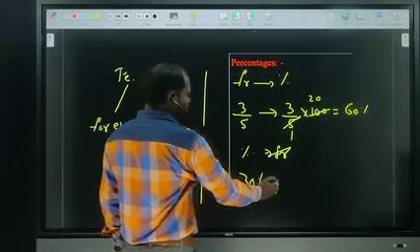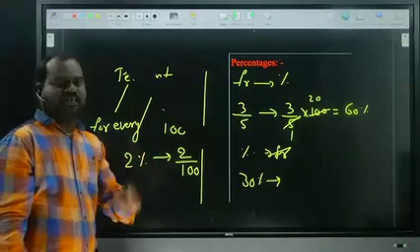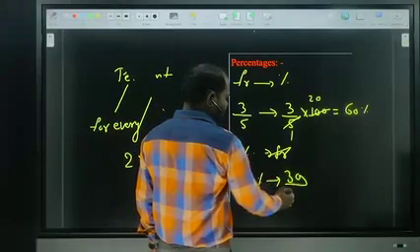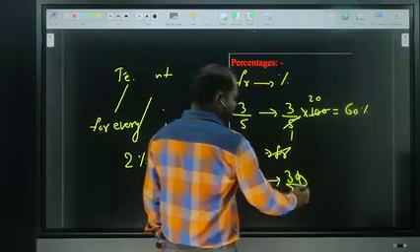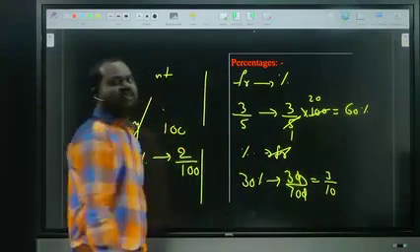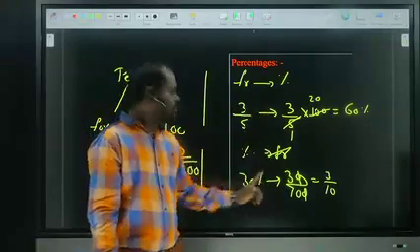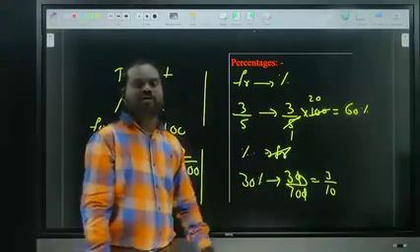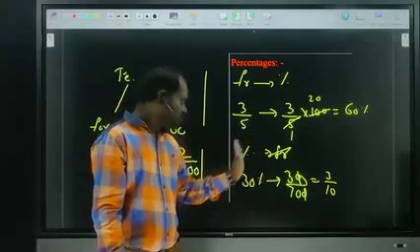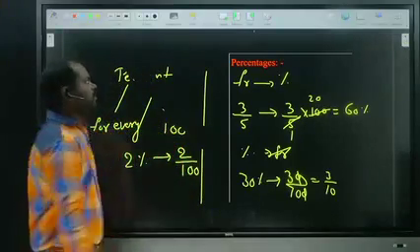If you want to convert it into a fraction, then we should divide with 100. 30 by 100, the zeros cancel, and the fraction is 3 by 10. So we have two kinds of conversions: fraction to percentage, multiply by 100, and percentage to fraction, divide by 100. These are the major conversions. Is it clear?